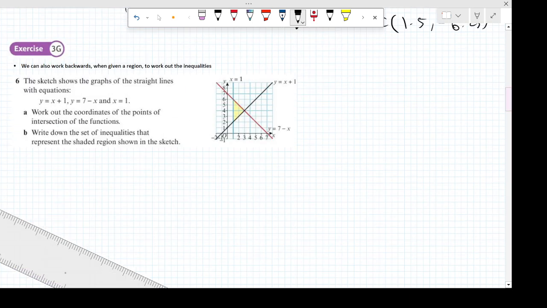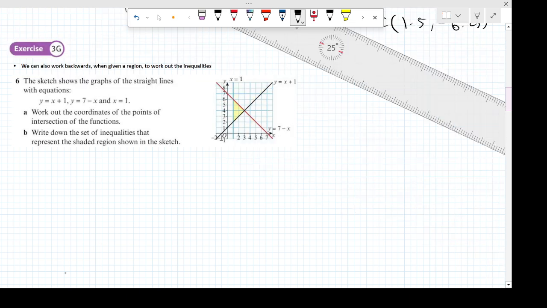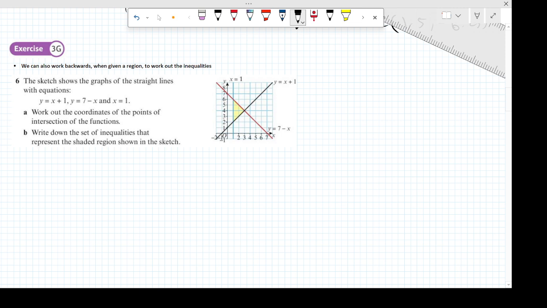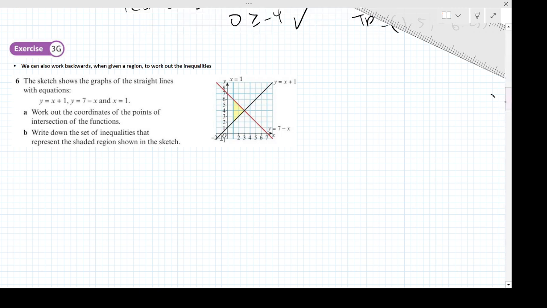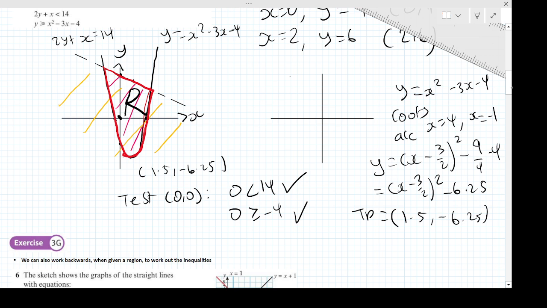Okay, let's have a look at more examples. And what they could also ask you is to do the reverse, right? Instead of you finding the region. Remember, the region consists of all the points and coordinates that satisfy all the inequalities. Like we did here, substitute any coordinate in, and it will satisfy all the inequalities.